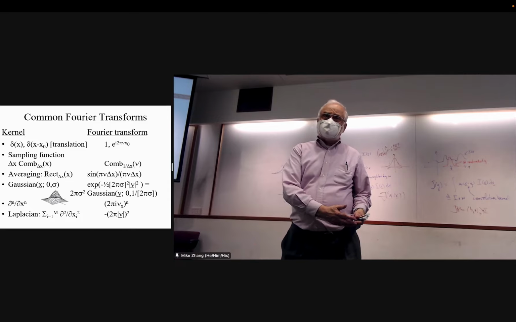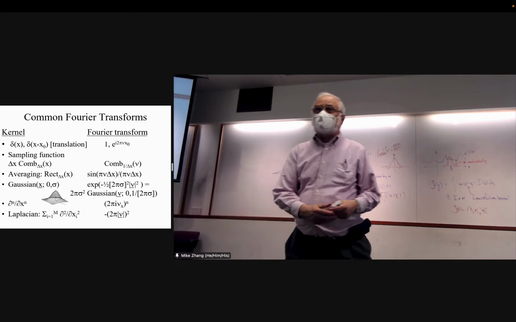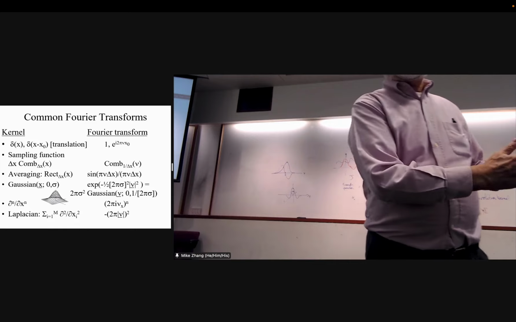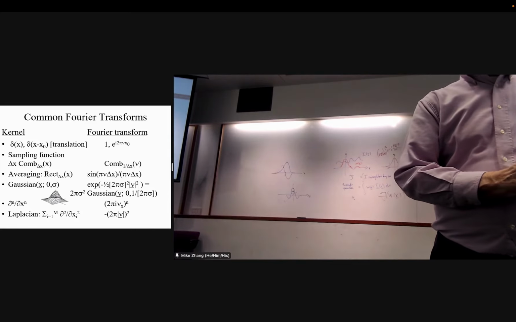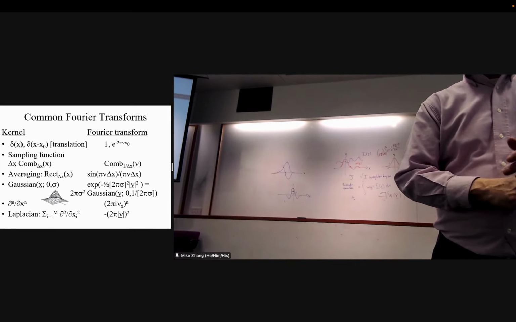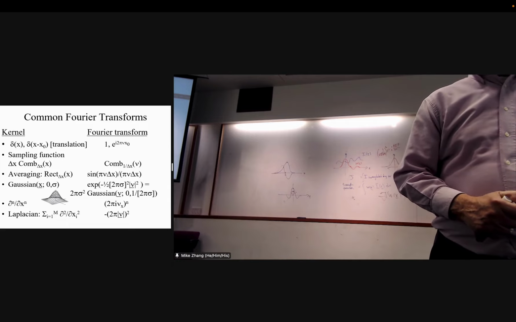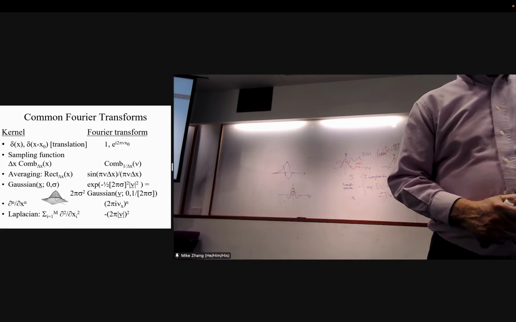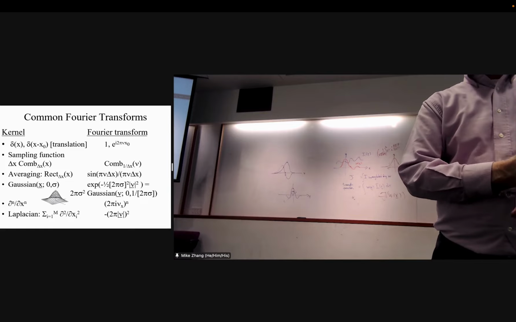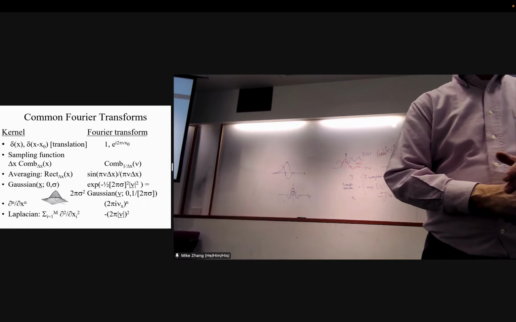And the transfer functions are just the Fourier transform, the coefficients corresponding to the kernels. And then we've talked about a bunch of examples of particular operations that we're going to be interested in, what the kernels are and what the transfer functions are.